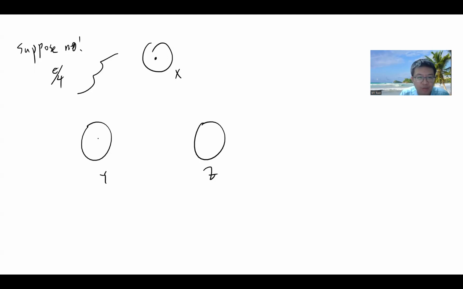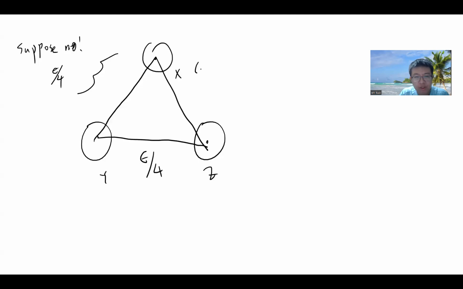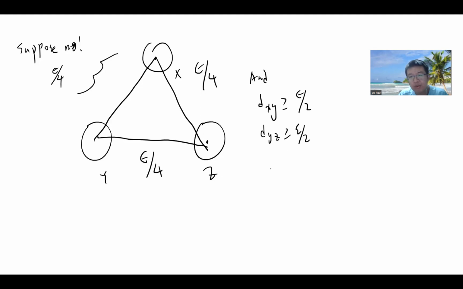There is some point here, some point here, and some point here, and they are connected. Then by our removing procedure, x and y are epsilon divided by 4 regular, and likewise for the other pairs. We also know that d(x,y) is greater than or equal to epsilon divided by 2 by our construction, and the yz part and the xz part are also at least epsilon divided by 2.